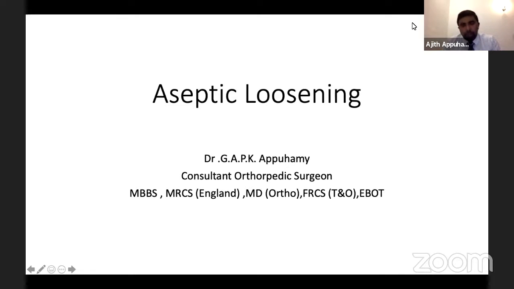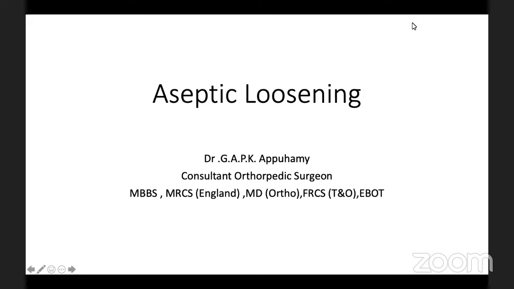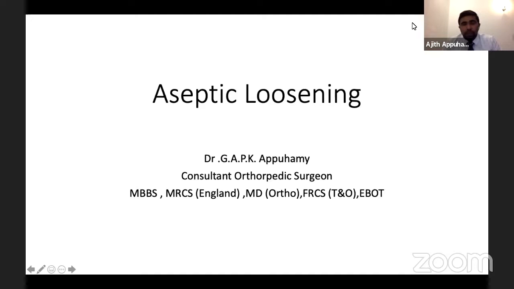They commonly ask questions about implant loosening, and then it goes to wear and characteristic wear. So there is no escape in the FRCS exam. If you don't know wear, I think you better try the next time. Don't take it that I'm discouraging you. It is such an important topic.